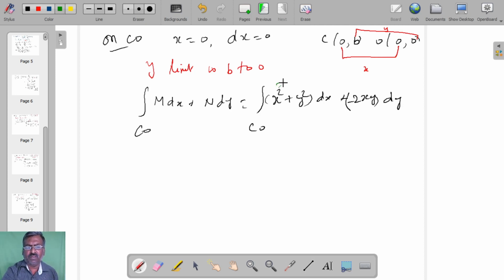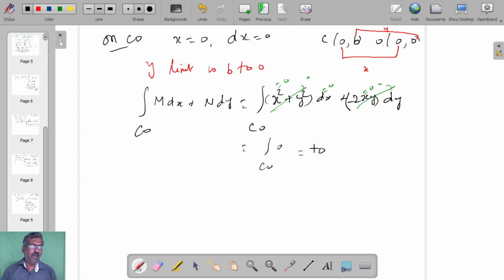So in the first term dx is 0, and in the second term x is 0, so both terms cancel. Nothing remains, so the integral along CO is 0.